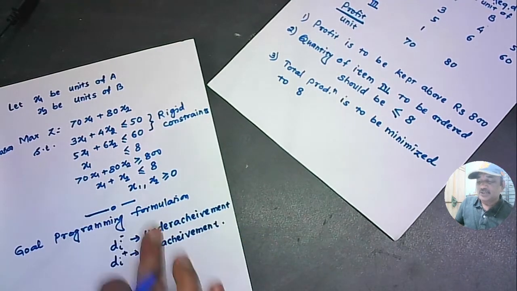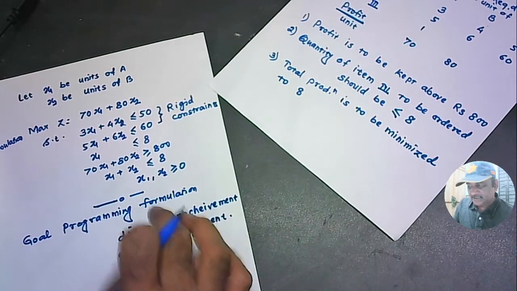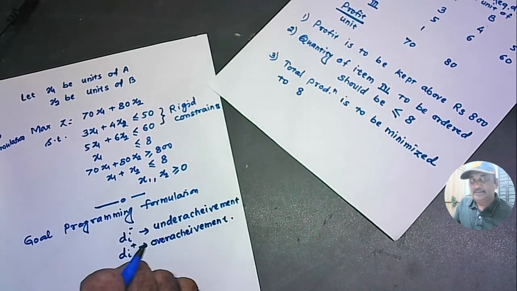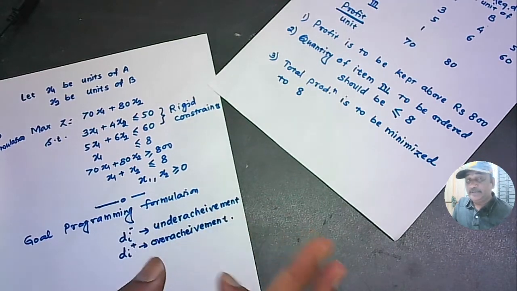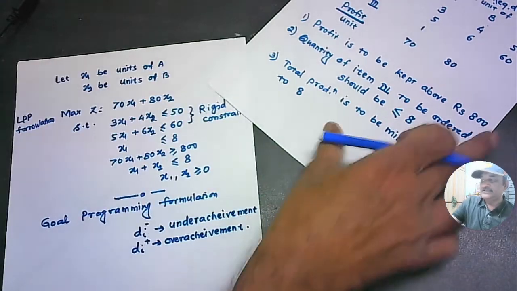With this we'll be handling all the constraints. Once you understand in what way these are to be used, and how they are to be translated to the objective function, your goal programming formulation is done.